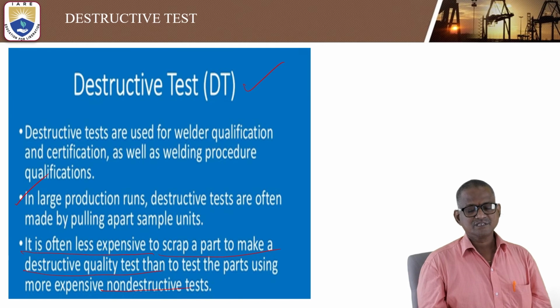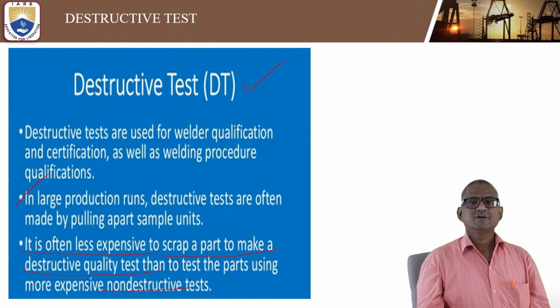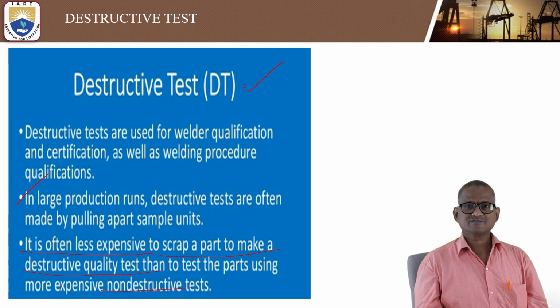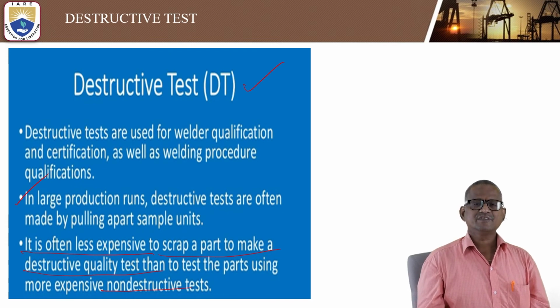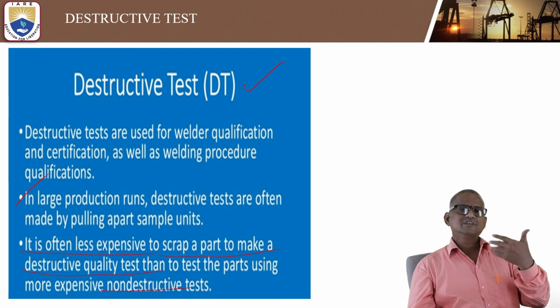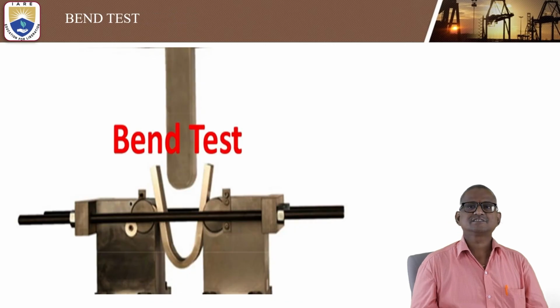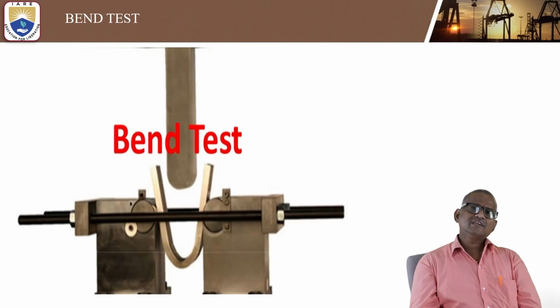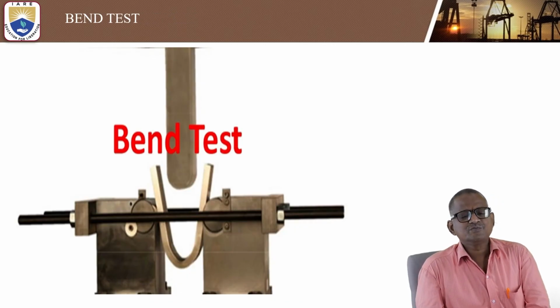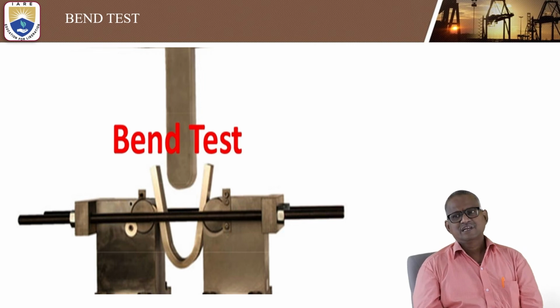Okay, so this is about the destructive test, which is very less expensive compared to the non-destructive testing. That non-destructive testing also we will discuss in the next session. And look at this, the first and foremost destructive test is the bend test.